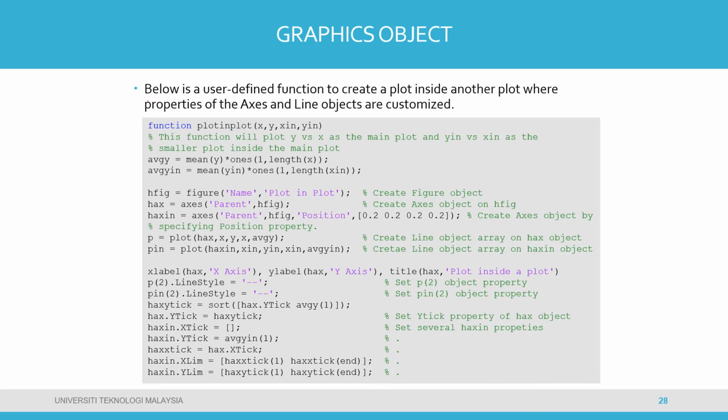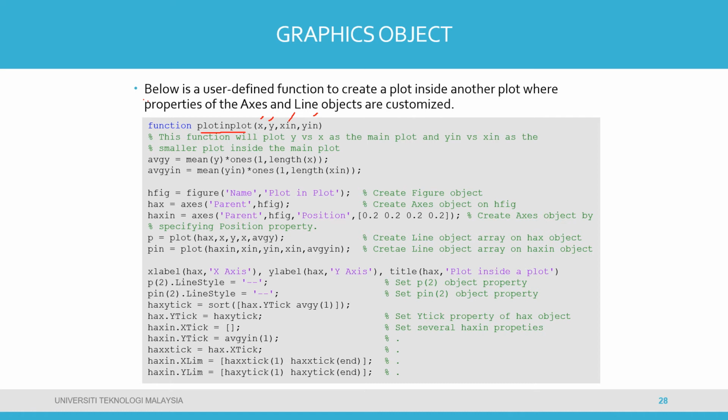So this is an example of a user-defined function to create a plot inside another plot. If you want to create a plot inside another plot, you can use graphics object. So let me clear this first. You create a function here, plot in plot. The function name is plot in plot. So you have x, y, x in, y in.